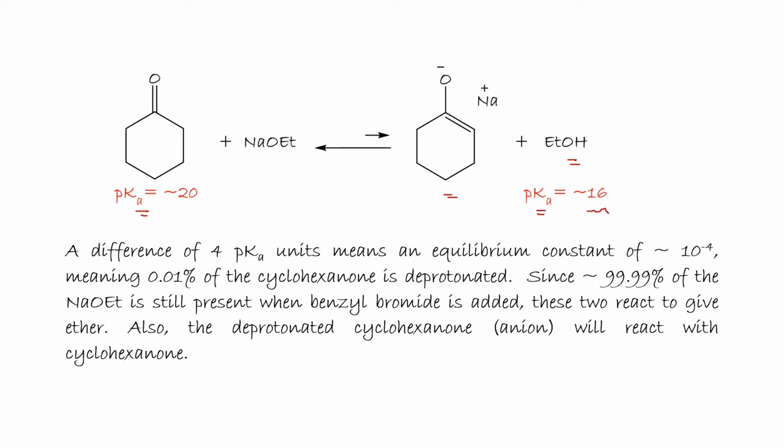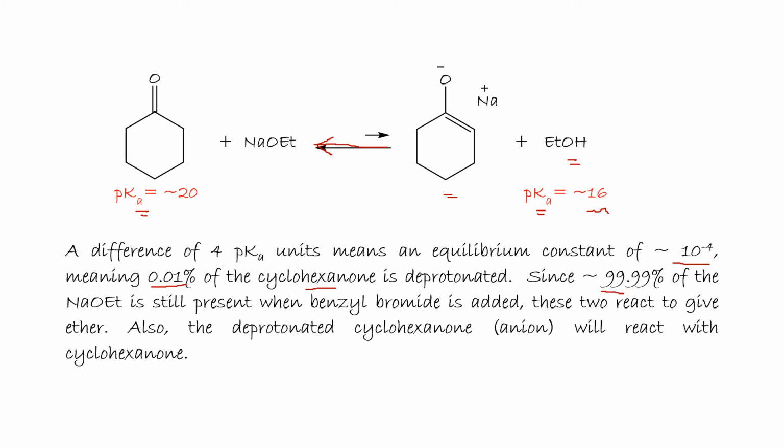Which one is the weaker acid? Of course, cyclohexanone, so the equilibrium will go this way. The difference of around 4 pKa units means that the equilibrium constant is around 10 to the power minus 4, meaning that we have only reacted 0.01% of cyclohexanone.